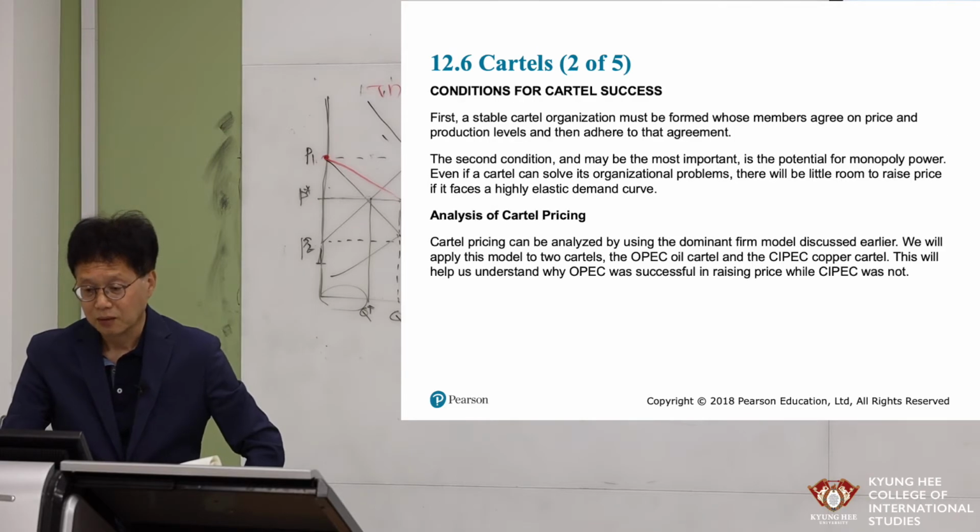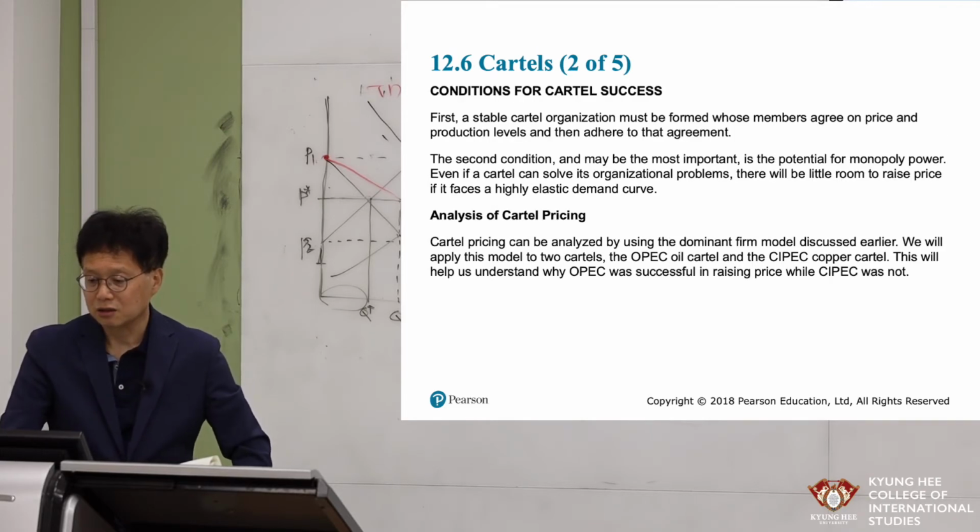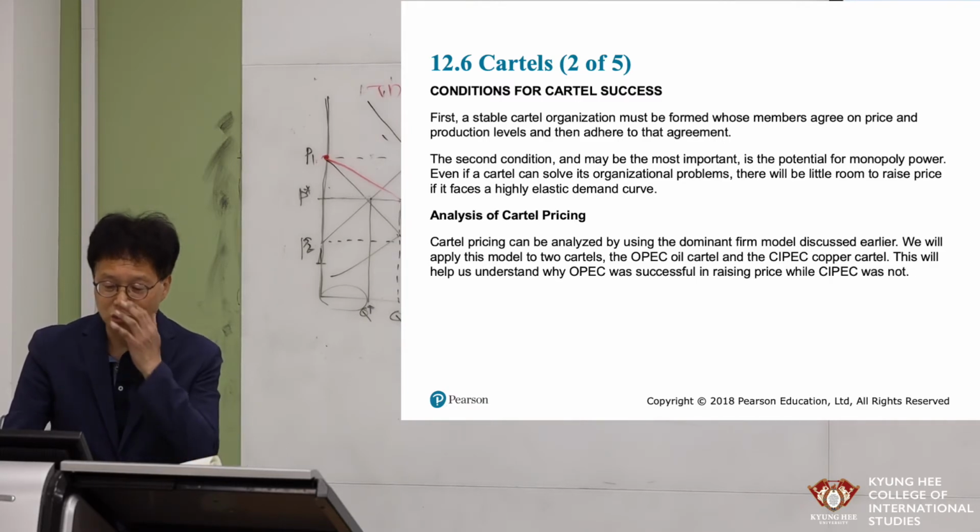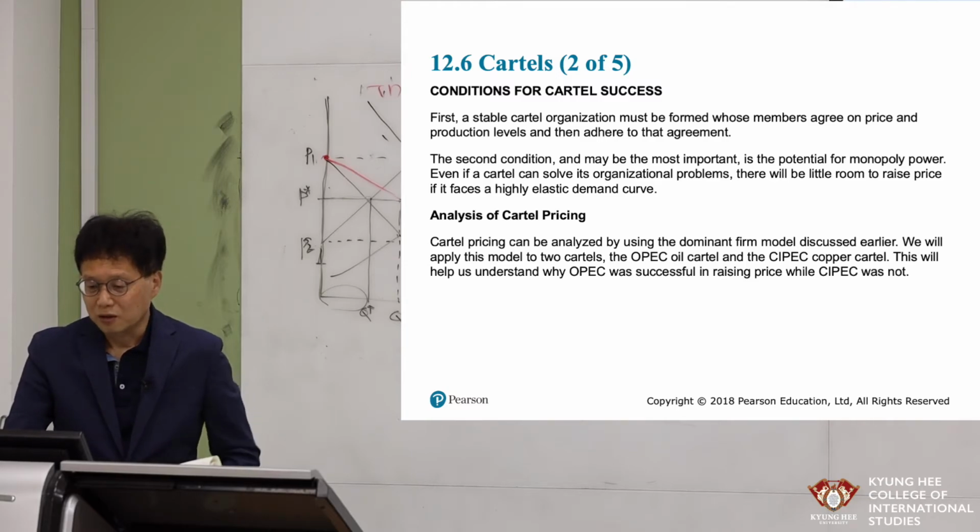Okay. Conditions for success of a cartel. Number one, a stable cartel organization must be formed whose members agree on price and production levels and then adhere to that agreement. There should be no renegade, no cheating.